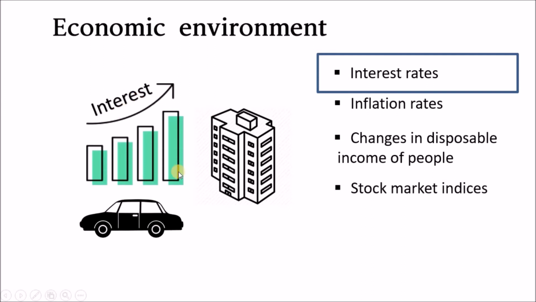If the interest rate increases, it's a threat for automobile and construction business because their sales will decrease because loan is available at a higher rate of interest. Similarly, if there is inflation, things will become costly for business and their cost of production will increase, which will ultimately lead to decrease in their profit margins.